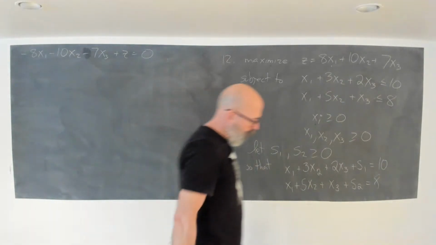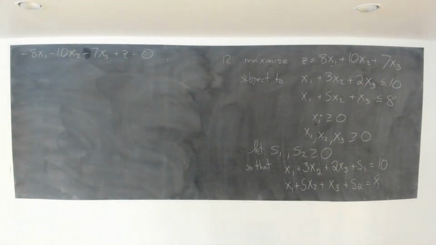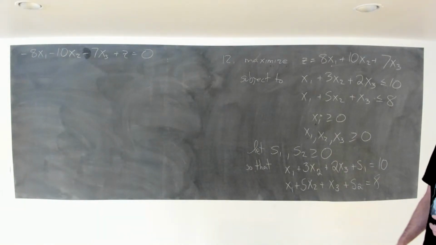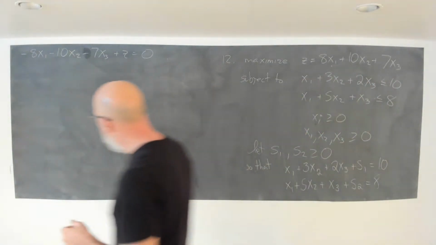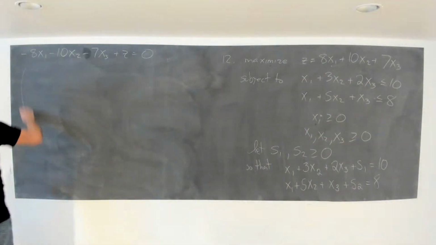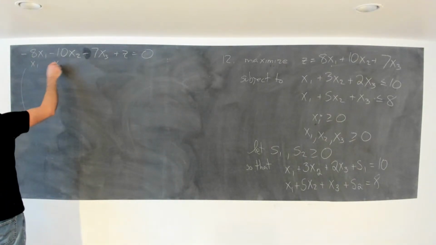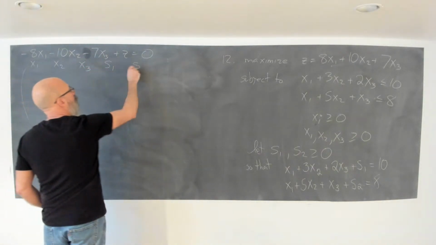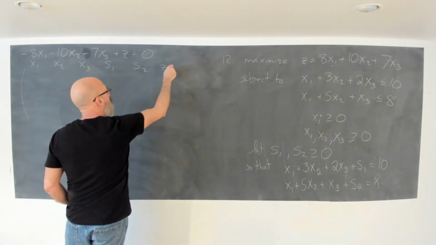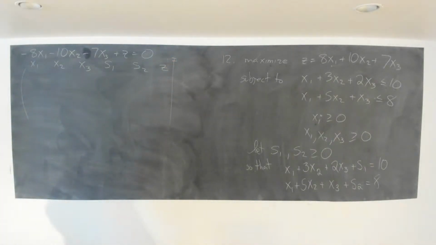And then we're going to rewrite this in an array known as a simplex tableau, where we'll reserve the first columns for the x1, x2, x3, s1, s2, z, and the equals.